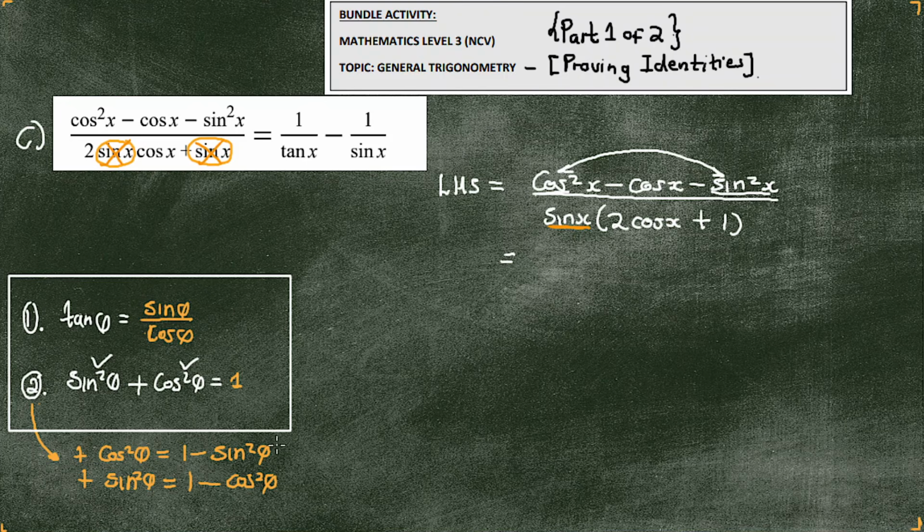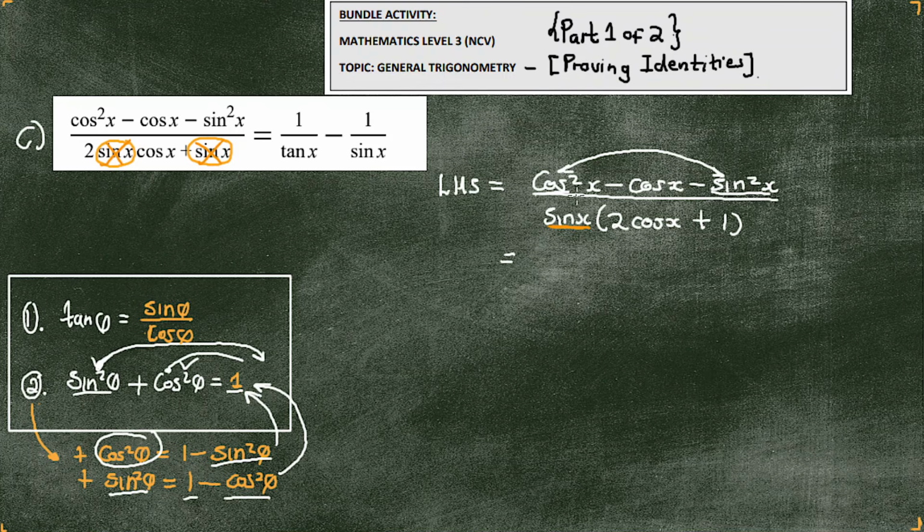These are derived identities from the squared identity, right? If I take sine and transpose it to the right hand side, I'm left with a cos and the sine becomes a negative on the other side. Then taking the cos over to the other side, I'm left with sine, and then 1. The cos, when it gets to the right hand side, becomes a negative cos squared theta. We can use these identities. Why?